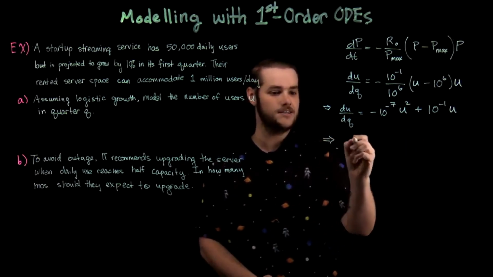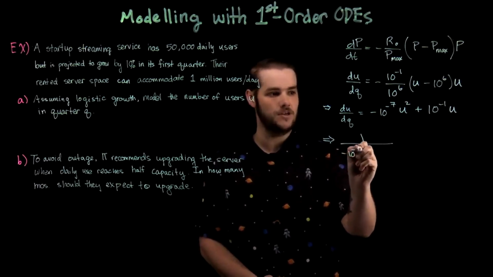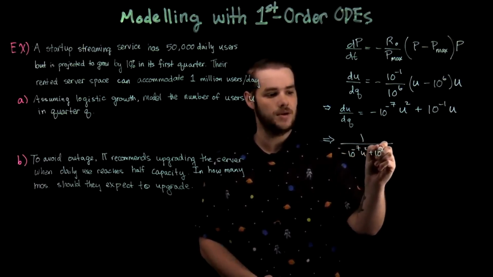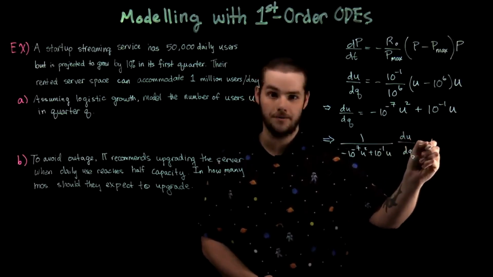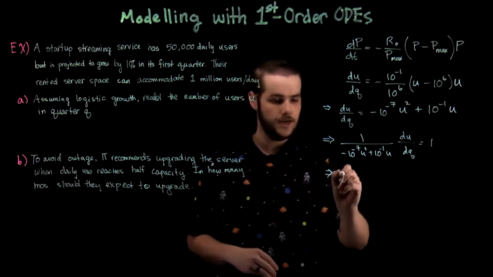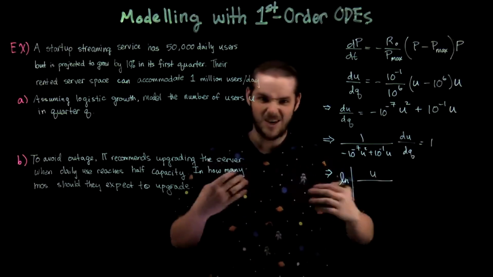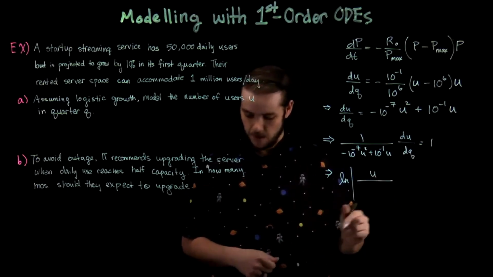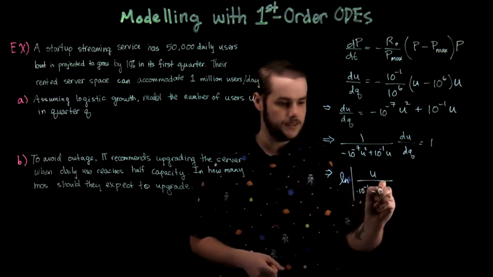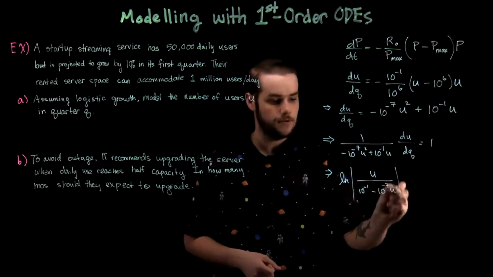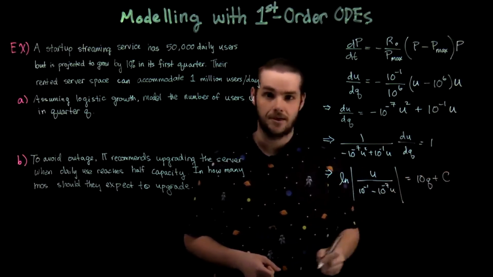I can write this as 1 over all that mess, negative 10 to the minus 7 u squared plus 10 to the minus 1 u, du/dq equals 1. And integrating gives me that the natural log of the absolute value of u over, and I've done a bit of algebra to clean this up, 10 to the minus 1 minus 10 to the minus 7 u equals 10q plus c.